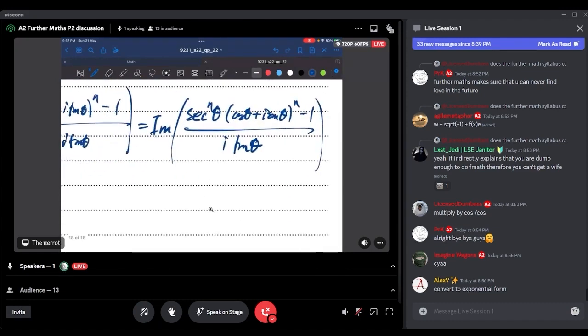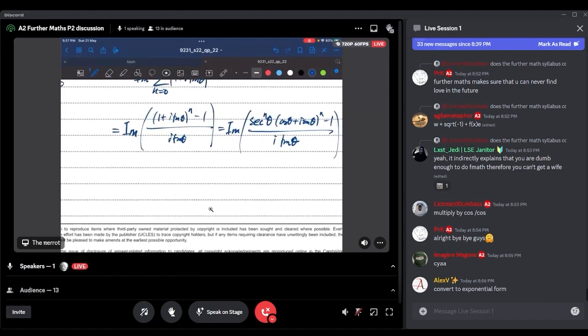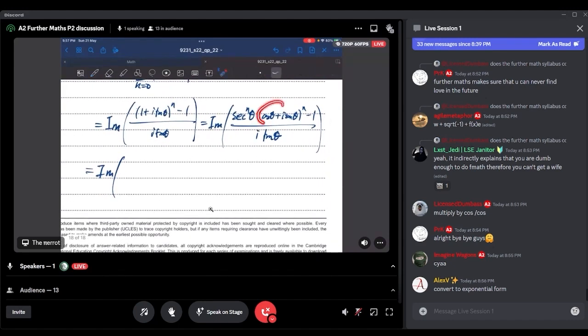Okay, now that we have this, we can apply De Moivre's. So you have n theta now, and n theta. Secant power n theta, cosine n theta plus i sine n theta minus 1, over i tangent theta. So which one's the imaginary part here?